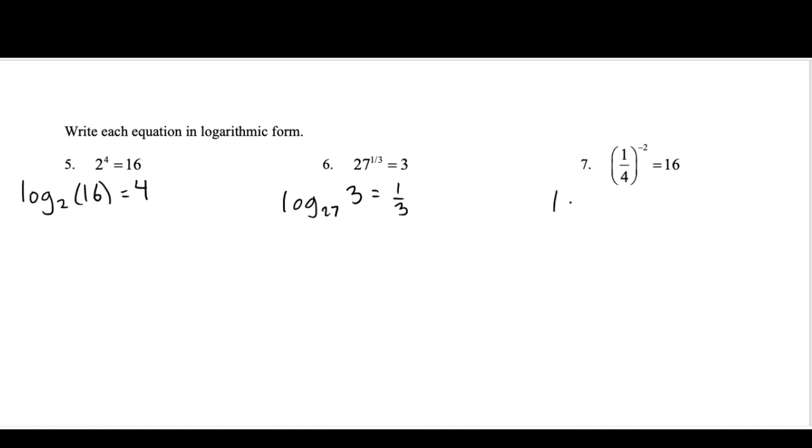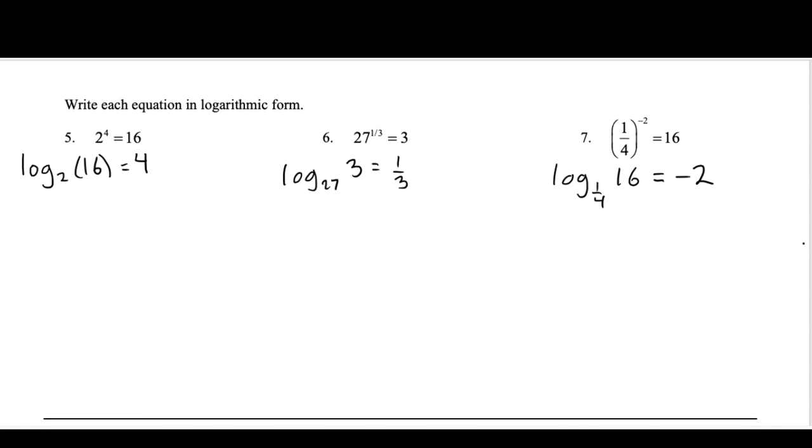So we would have log base 1/4 of 16 is equal to -2. Okay, so hopefully with some practice you start to see how those three quantities can be related either in the exponential way or the logarithmic form.